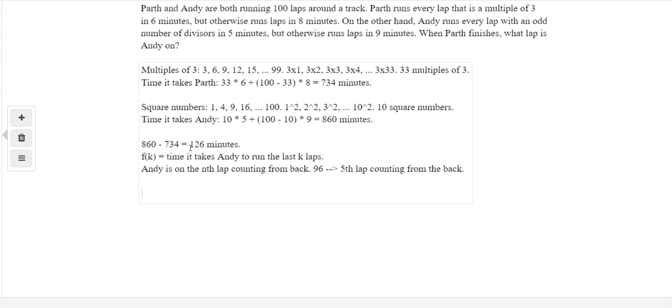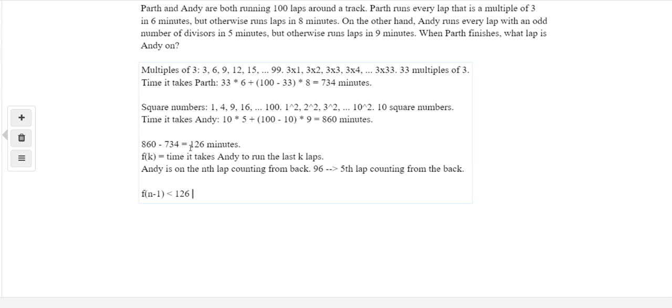And we want to relate the value of n and the function f of k somehow to 126 minutes, which is the time he has left to run. So since he is on the nth lap, f of n minus 1, which is the time it takes to run the last n minus 1 laps, is going to have to be less than 126, because Andy still has a bit to run left on the nth lap.